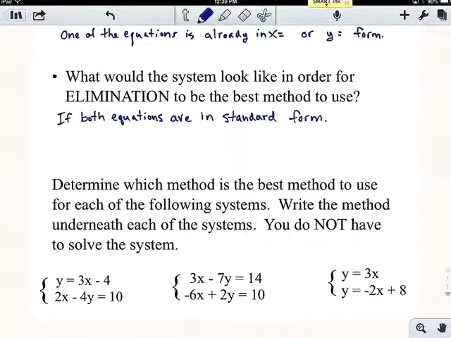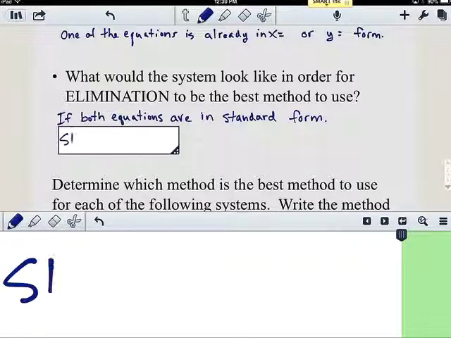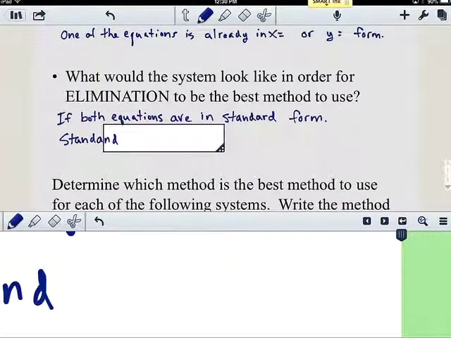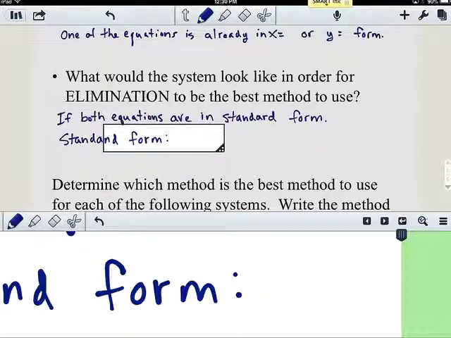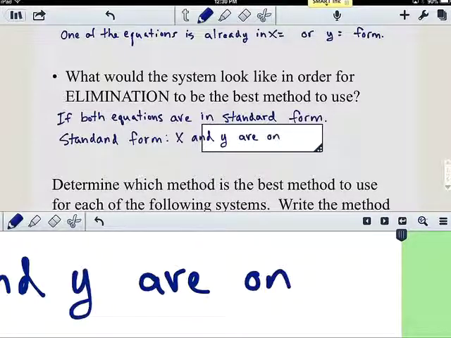So let's do this again. Standard form basically just means that x and y are on the same side.